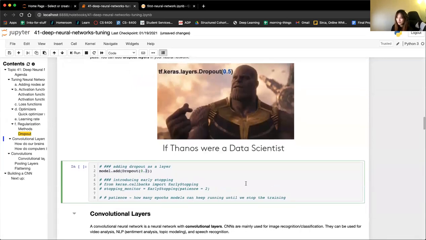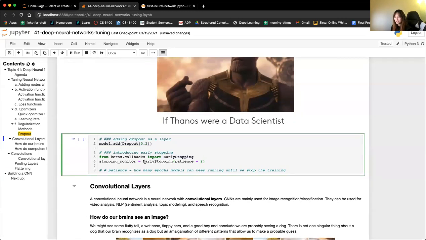Another thing you can do is early stopping. With early stopping, you import this EarlyStopping part of Keras, and you introduce it as a callback to your model. Then you just have to give it a patience parameter. Basically, it watches your validation metric.